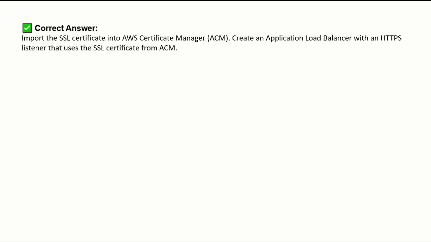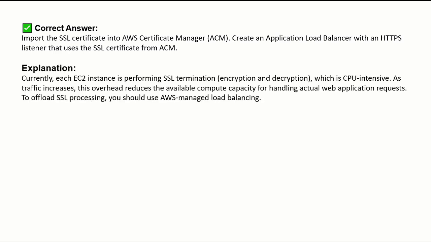Okay, so now let us see which is the correct answer. The correct answer is import the SSL certificate into AWS Certificate Manager and create an Application Load Balancer with an HTTPS listener that uses the SSL certificate from ACM. So let us see the explanation why it is correct.